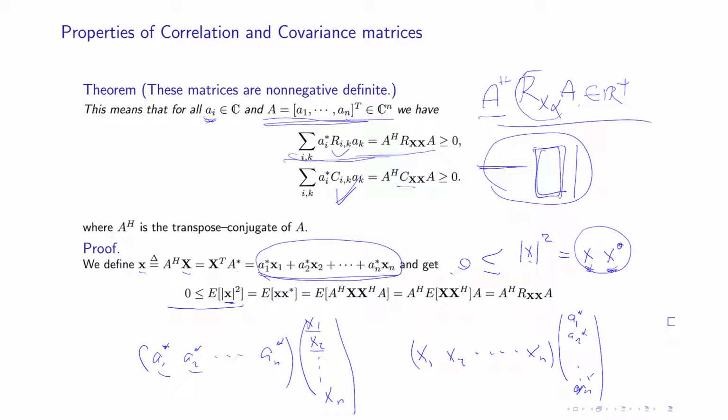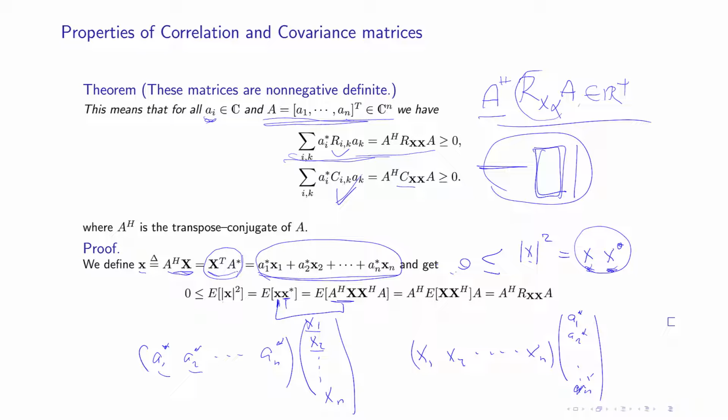Now, the next part of the proof is that this X to the power of 2 is X times X conjugate. So this is a summation, and this is another summation. This X itself is equal to this one. And for this X conjugate, I have to put a conjugate on top of this one.